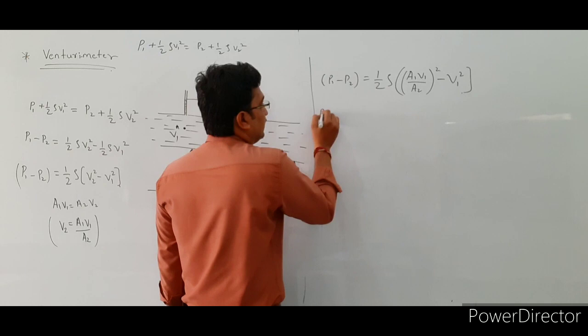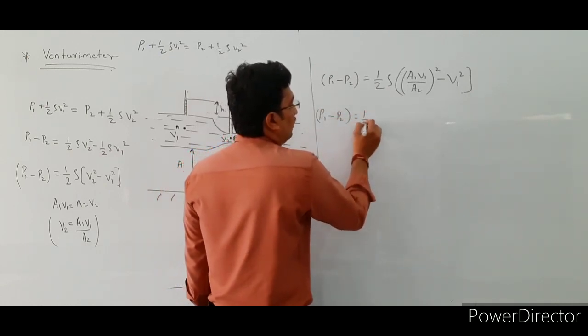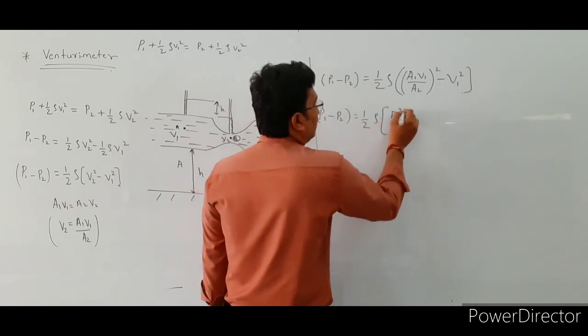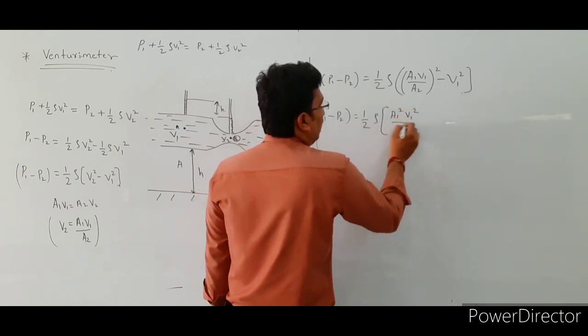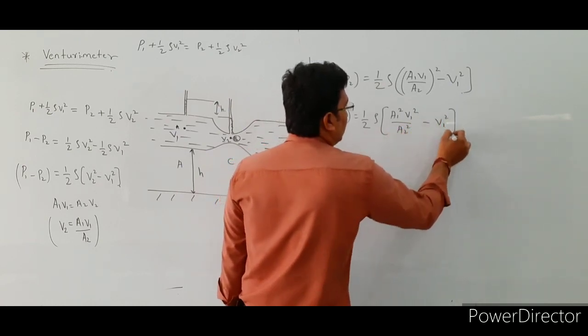Okay, see here, P1 minus P2 is equal to 1 by 2 rho, and this becomes A1 square V1 square by A2 square minus V1 square, right?